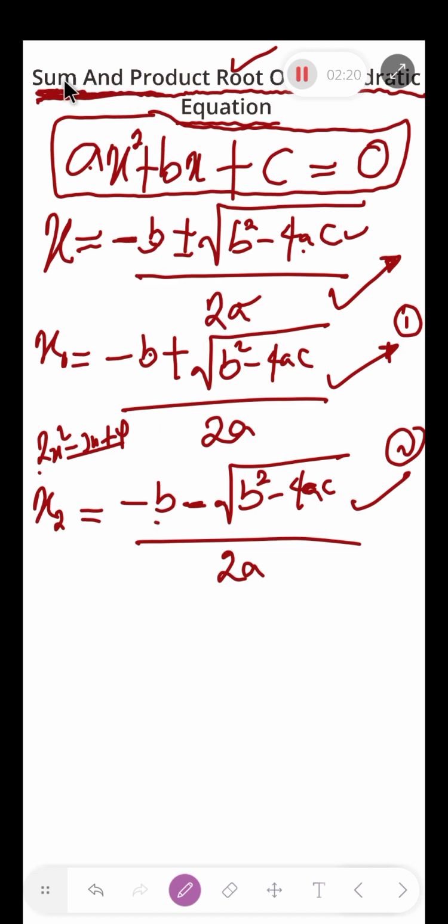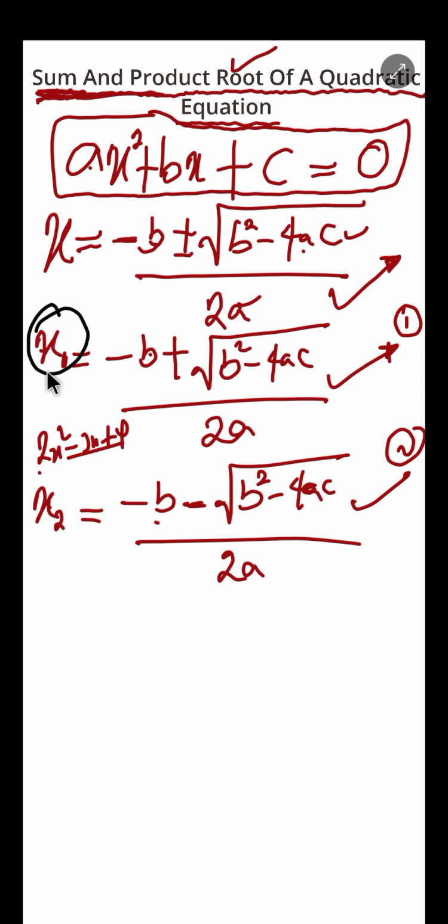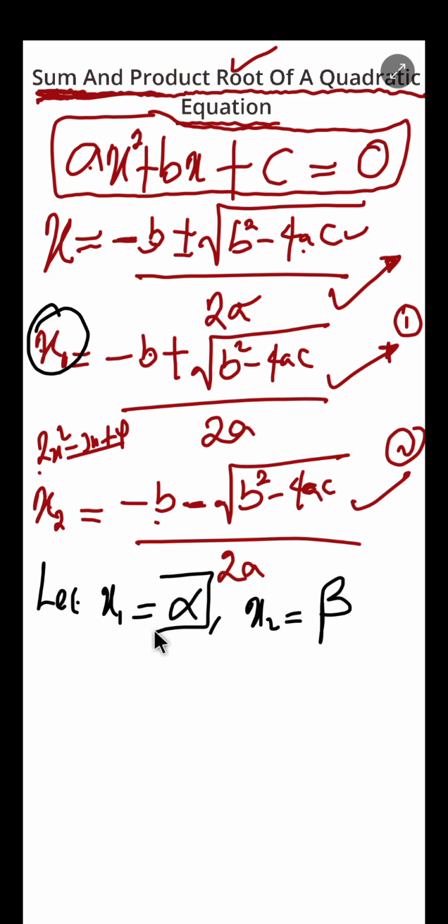So what if I sum them together? That is, if I do x1 plus x2, what will I have? And what if I do their product? What if we try their difference? That is where I'm heading to. Let x1 represent alpha and let x2 represent beta. So we are familiar with these two symbols.